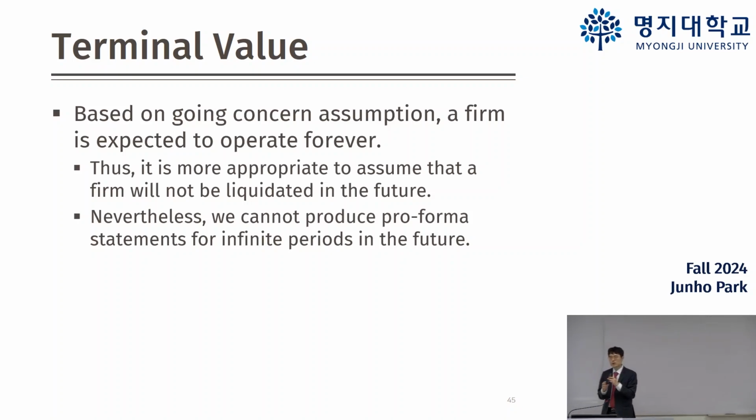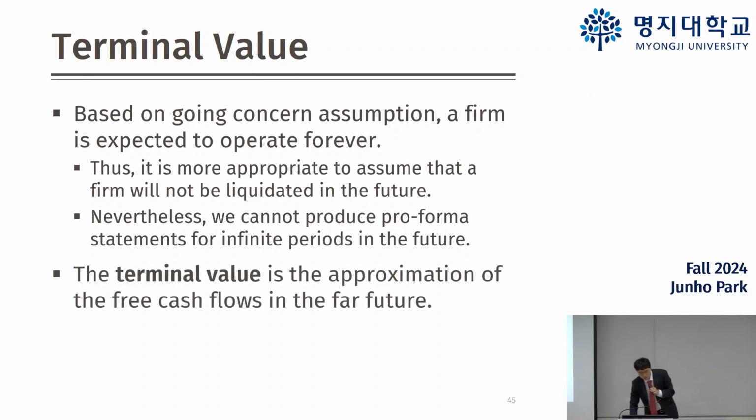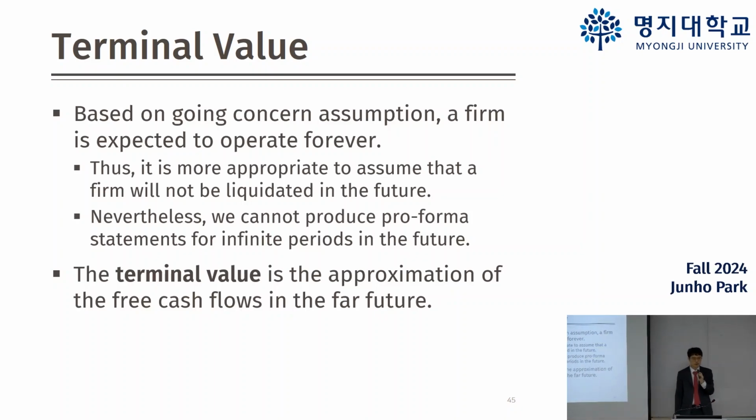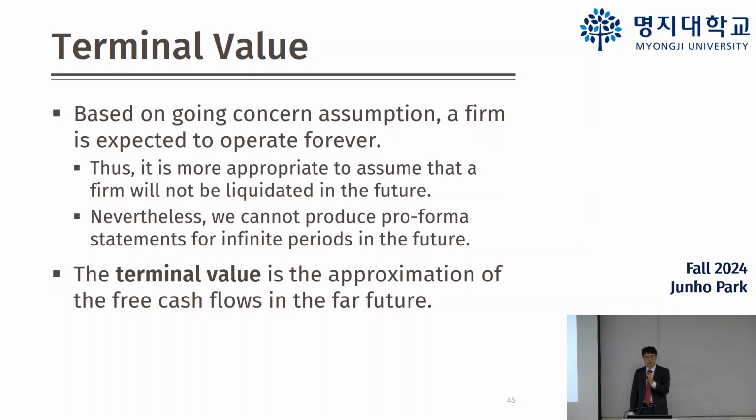Therefore, we are going to make an approximation, and then we are going to just use a simple formula to get the values from the 6th year to the end of time. And that will be called the terminal value because that will be the terminal for our calculation. So this is the approximation in the far future.